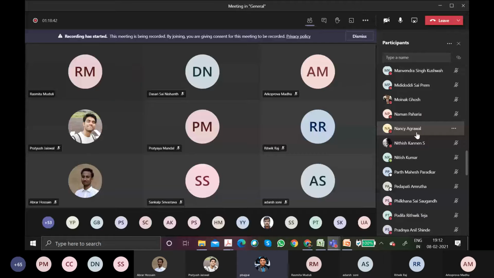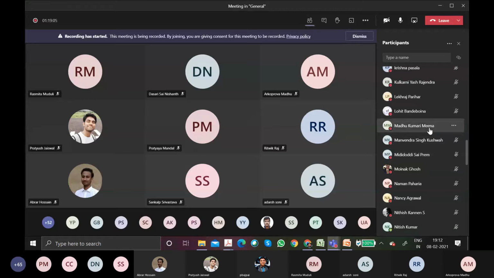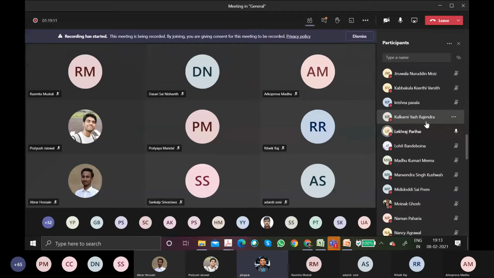नीतीश कुमार, नीतीश कुमार, देखो लॉगिन करके चला गया कहीं। नैन्सी अग्रवाल, लेखराज, Yes, sir. गुड मॉर्निंग, हाउ आर यू? Fine, sir. क्या बात है? कुछ क्वेश्चन नहीं, कुछ नहीं?